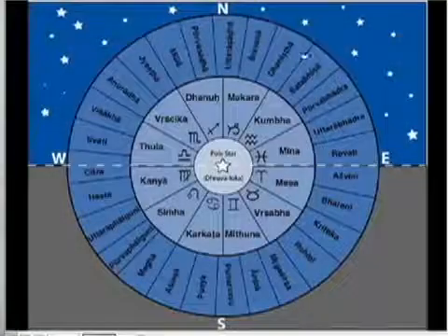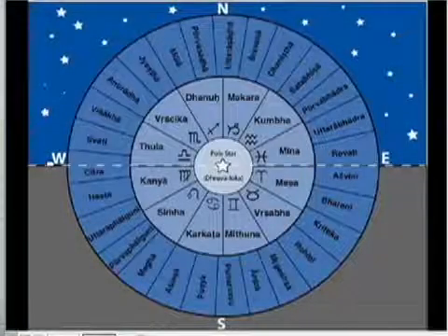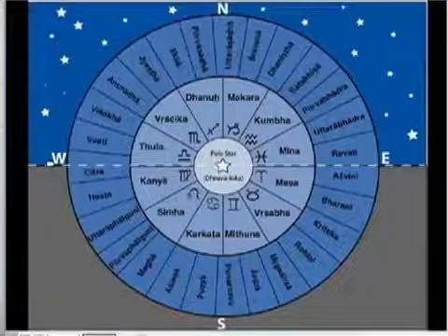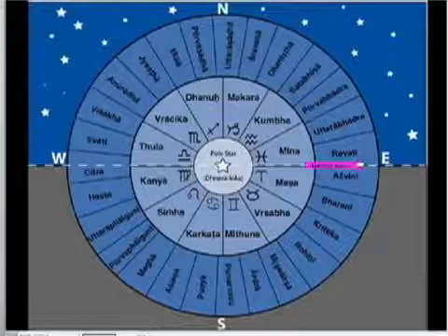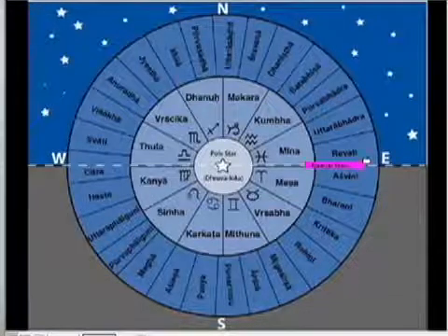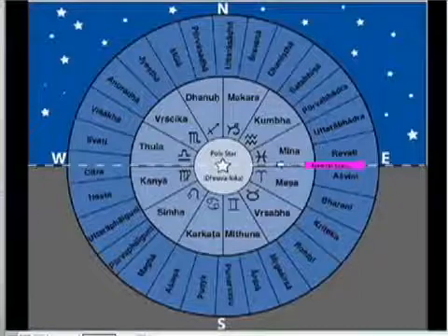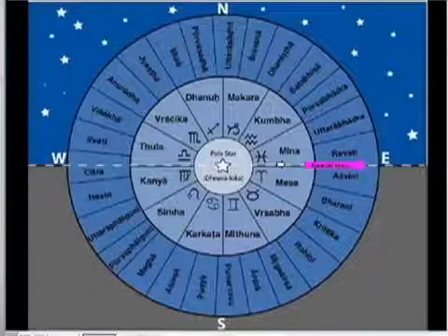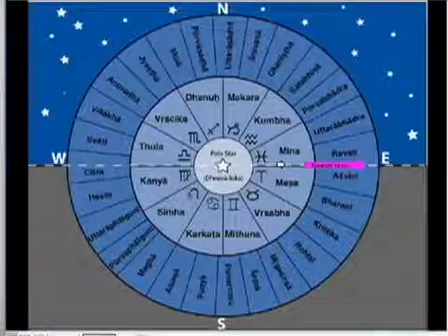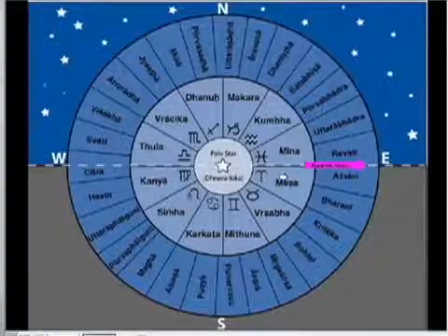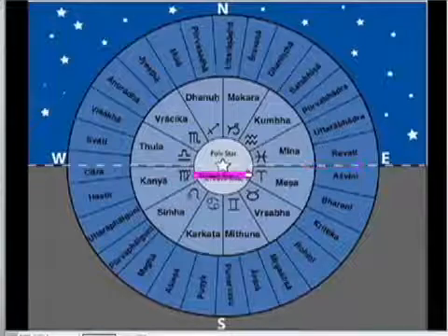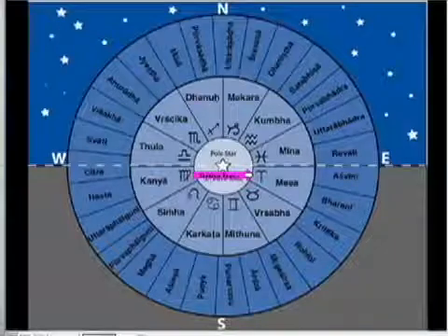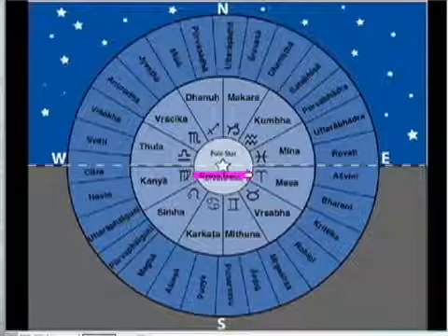Here's a chart. This chart assumes that we are standing on the equator. If we look to the east, we see it happens to be the vernal equinox, and it's midnight, and we just see the first Rashi, Mesha, or Aries, rising over the horizon.